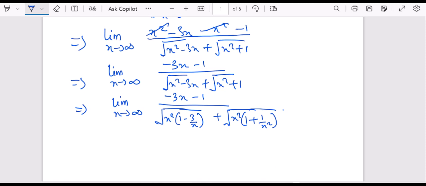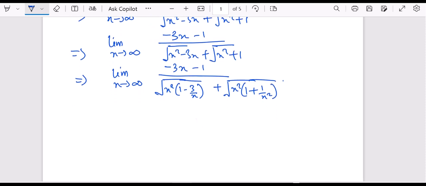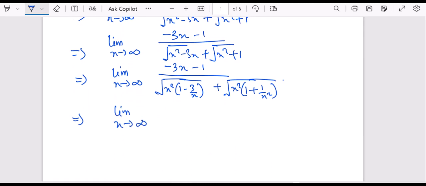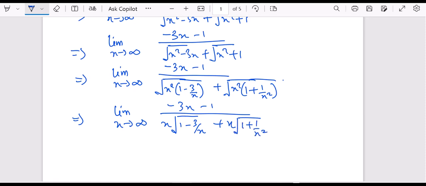You see? So we can do this. Right now this implies we have the limit as x approaches infinity of negative 3x minus 1 all over x root of 1 minus 3 over x, plus x root of 1 plus 1 over x squared.